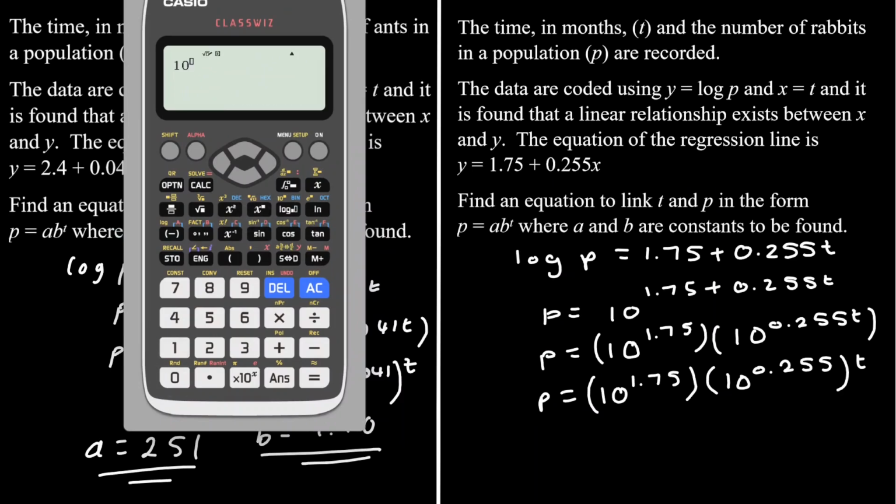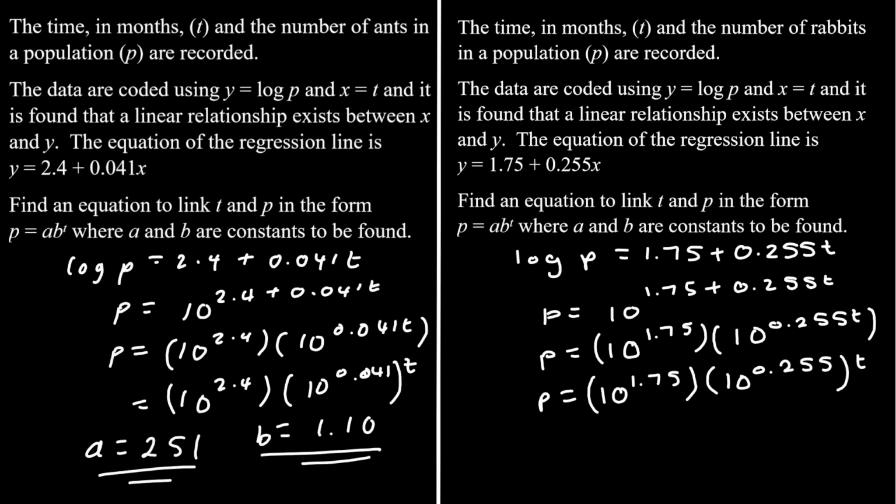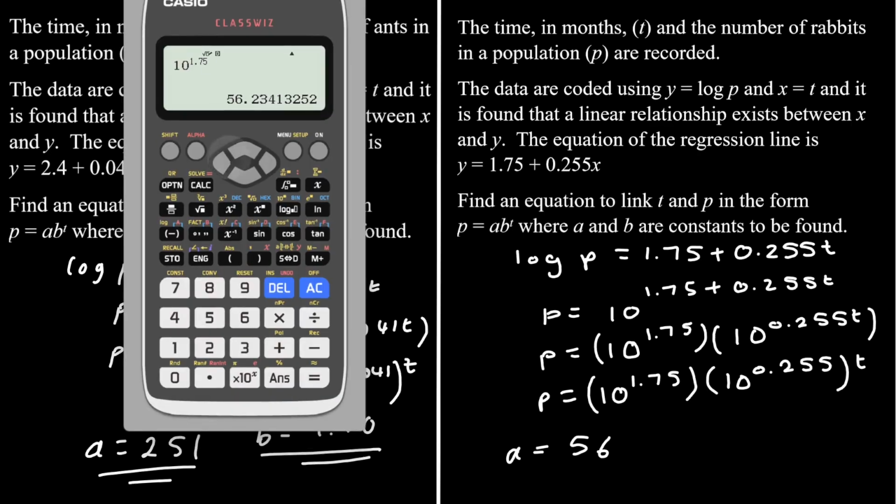So 10 to the power of 1.75 is A, which is 56.2. I'm going to call that 56 actually, because that will be the initial population. I don't want to make it a decimal. And B is 10 to the power of 0.255, which is 1.80.